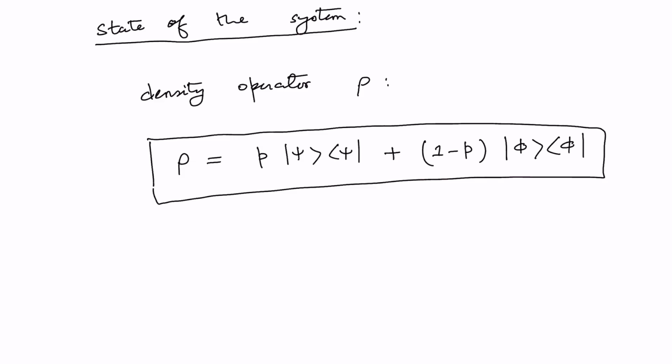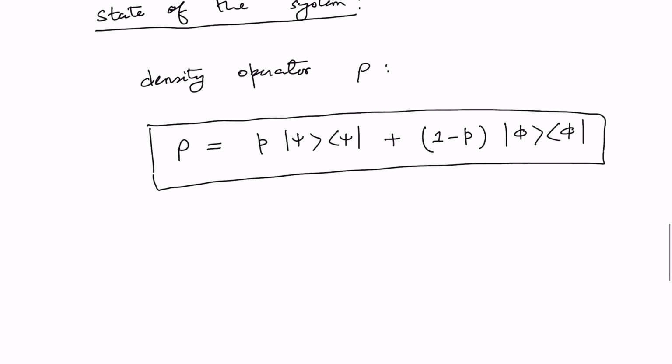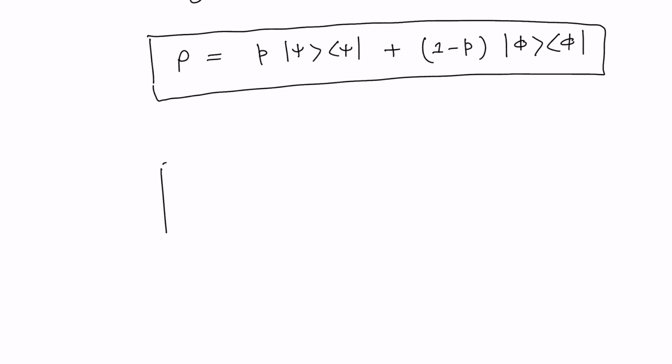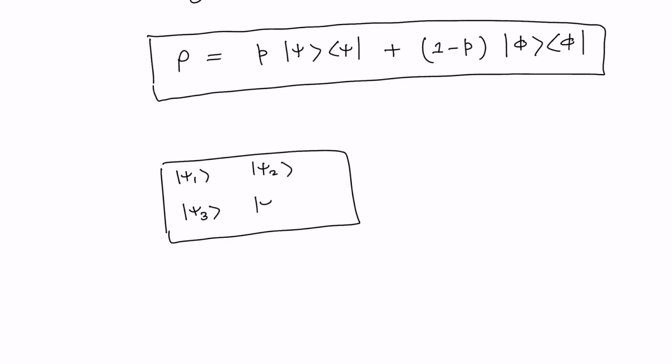Now we can extend this definition in general for the case where we have many states in an ensemble pertaining to a given system. For example, suppose we have many types of states, say |ψ1⟩, |ψ2⟩, and so on. The corresponding classical probabilities of picking them up are p1 for ψ1, p2 for ψ2, p3 for ψ3, p4 for ψ4, and so on.